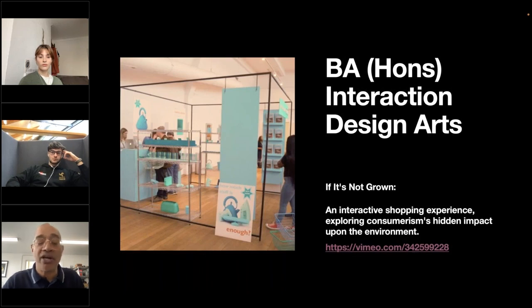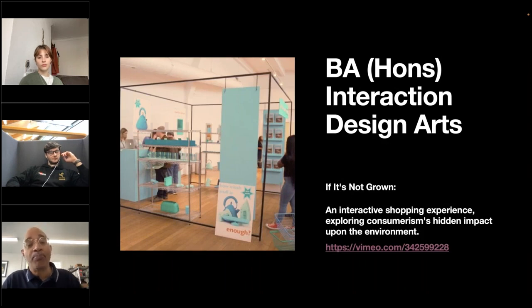This was a really nice one. It's called If It's Not Grown, and it highlights how environmental degradation is driven by consumerism. She barcoded all these products and made a store within the Science Museum. She made a shop.